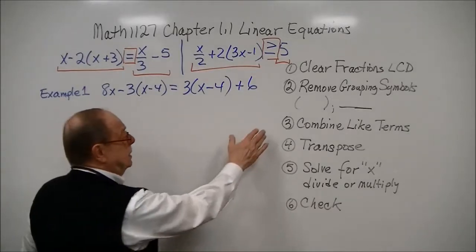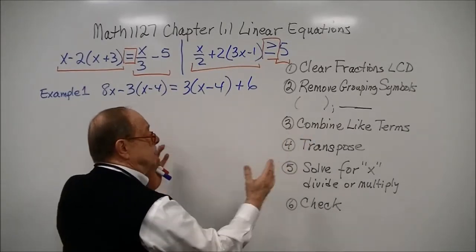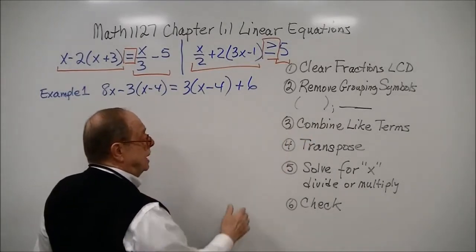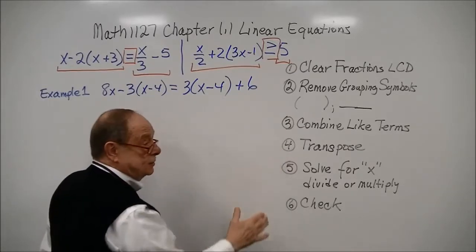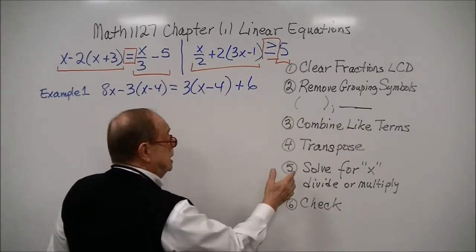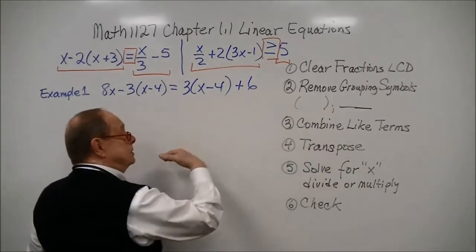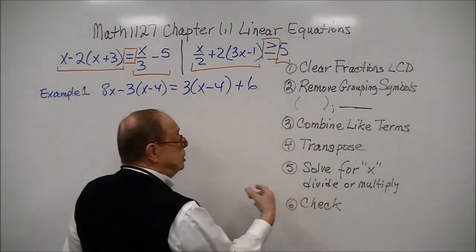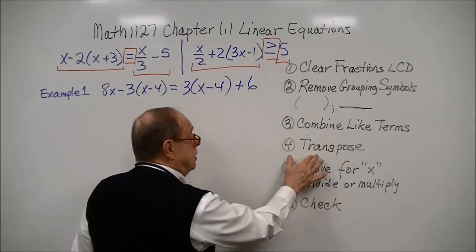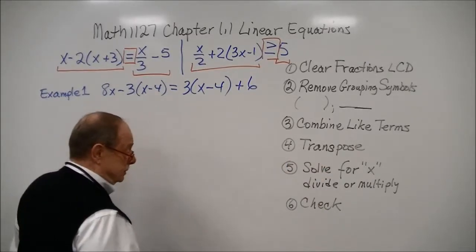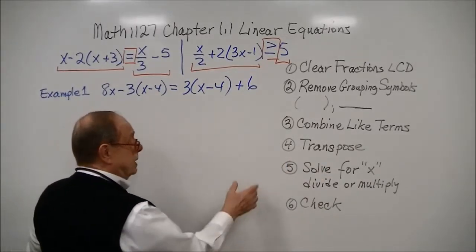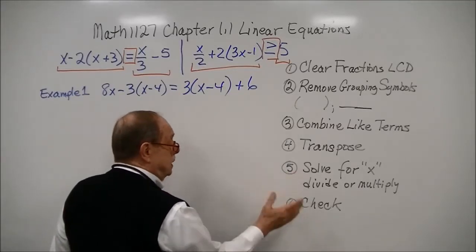Then another very important thing is you combine like terms. And then you're going to use a technique that you may not know the name of, but it's moving terms from one side of the equation to the other simply by changing their sign, which is called to transpose. Then you want to solve for the x.